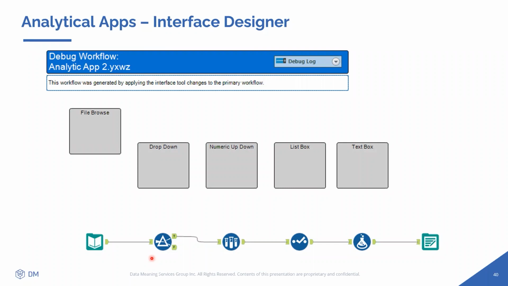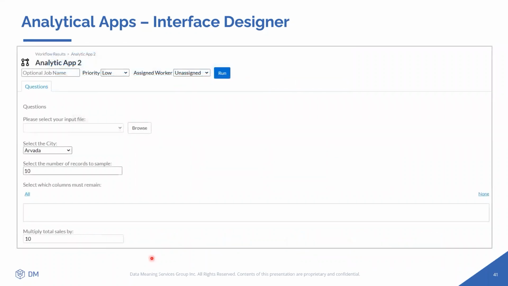This is what your end user will see. So the idea here is that we have an analytical app. We can include all the descriptions here, app, anything whatsoever.